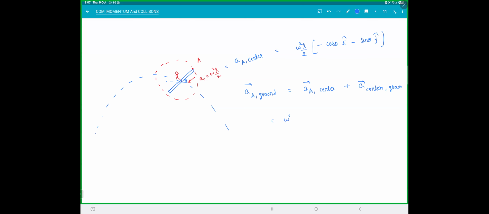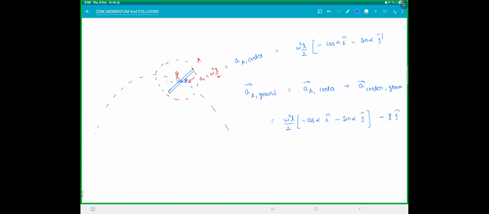So this will be omega square L by 2 times minus cos theta i cap minus sine theta j cap. Again, remember I'm taking theta to be acute. If theta is not acute, signs will take care of it. Why am I taking theta every time? Alpha. And acceleration of the center will be minus g j cap.